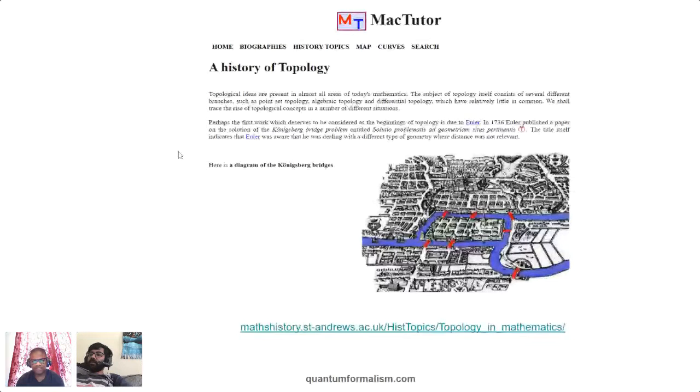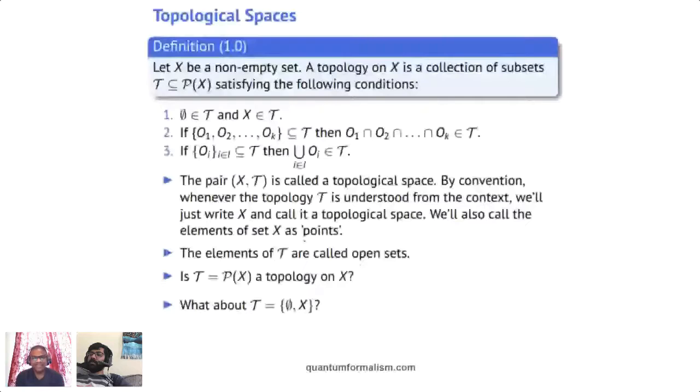Okay, so let's go. Here's the first definition. For those of you, especially the newbies to this, do not panic. I will try to decode this step by step for you. So let X be a non-empty set. A topology on X is a collection of subsets, denoted T, a subset of the power set. Set theory 101: the power set is the set of all subsets of X. And it's not just any collection.